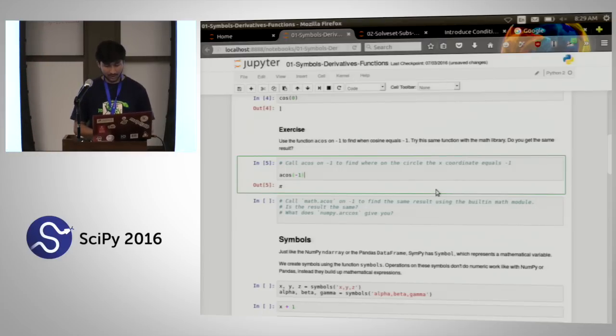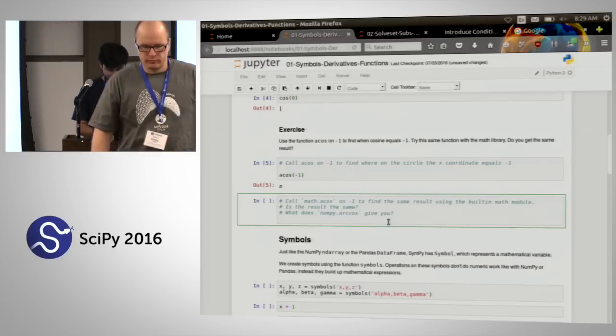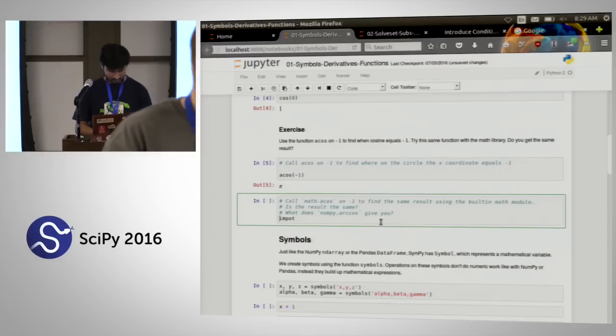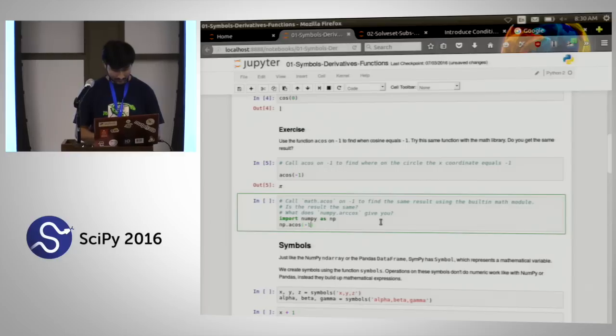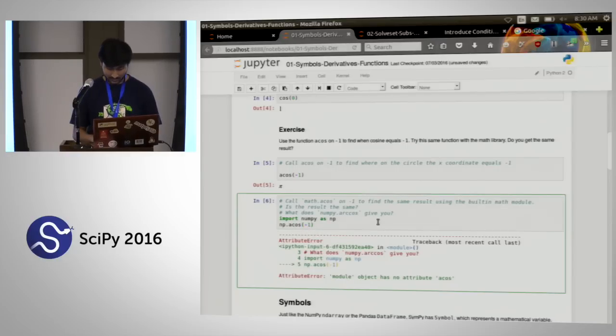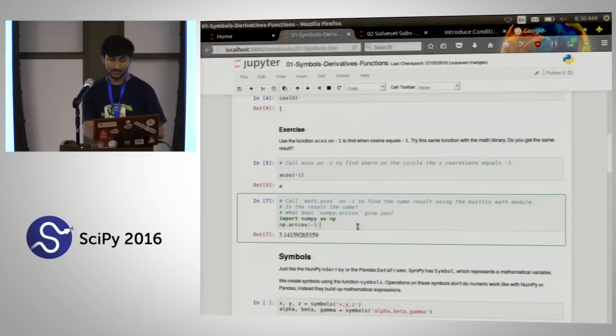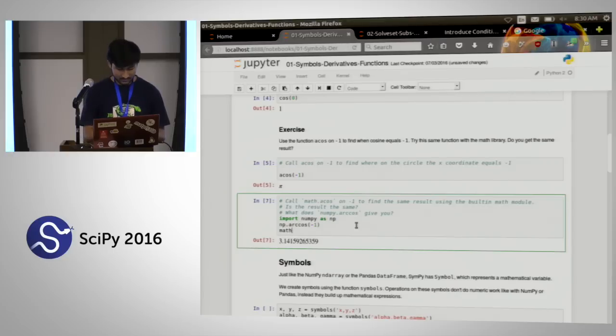You're supposed to call this function in NumPy as well as the default math. Okay, so they use arccos, I guess. And the same happens for the math one. Math also uses acos, I guess.